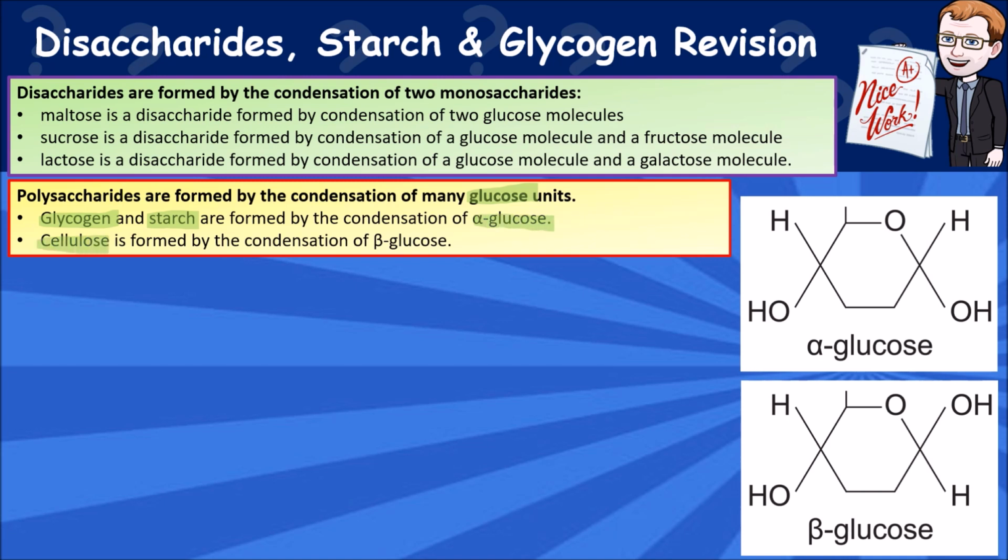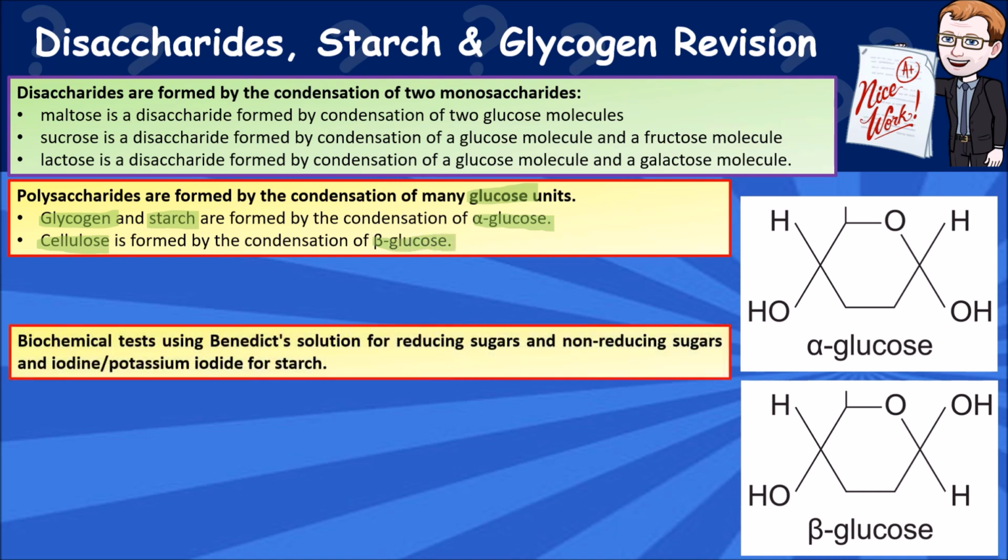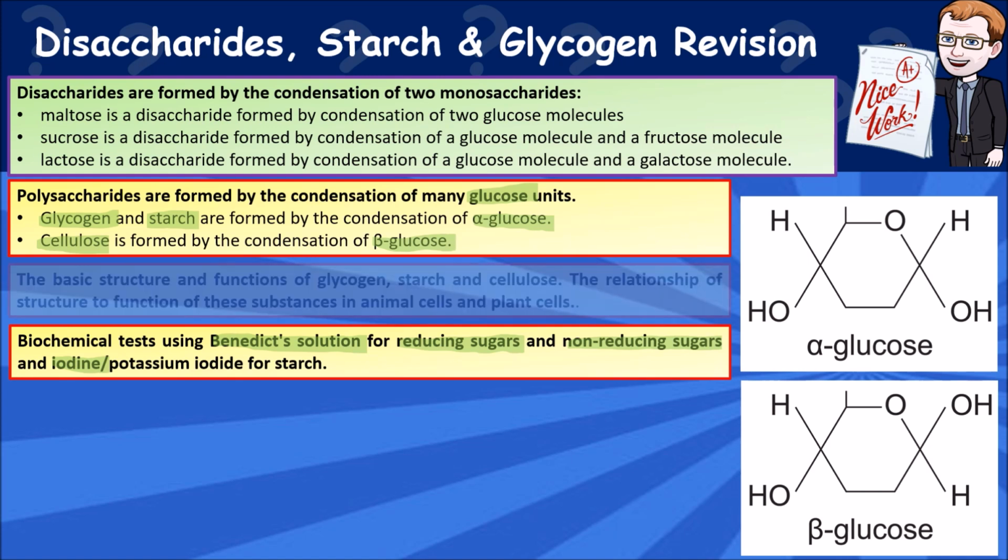Cellulose is formed from the condensation of beta glucose molecules. So we can use a Benedict's solution to carry out a chemical test to look for both reducing sugars and non-reducing sugars. Or if we're looking for the presence of starch, we can use an iodine solution that turns black.